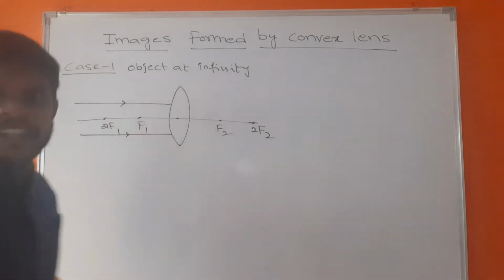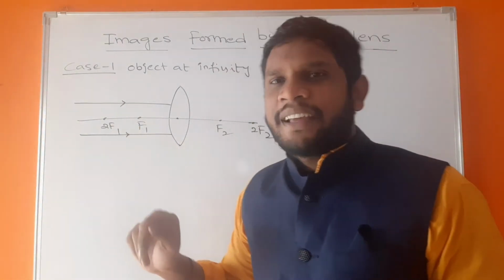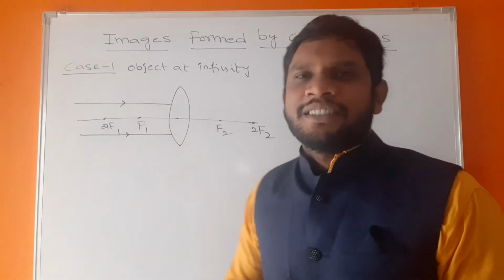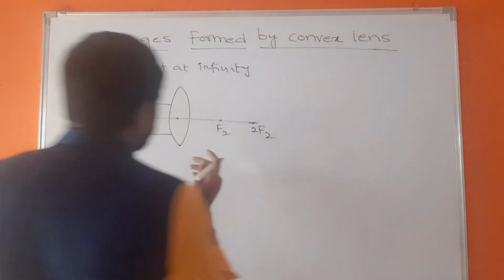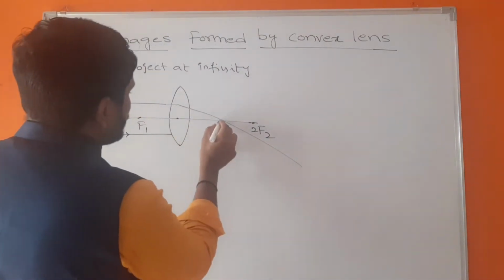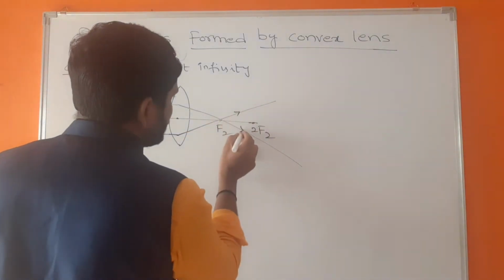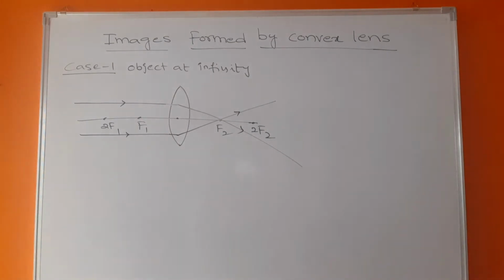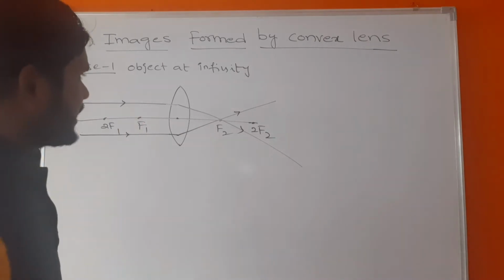As we studied, when an incident ray is parallel to the principal axis, then after refraction it must pass through the focus. Using that rule, because these two rays are parallel to the principal axis, the rays pass through the focus.